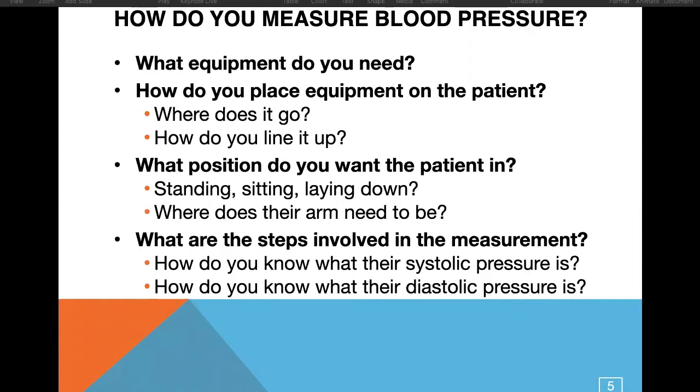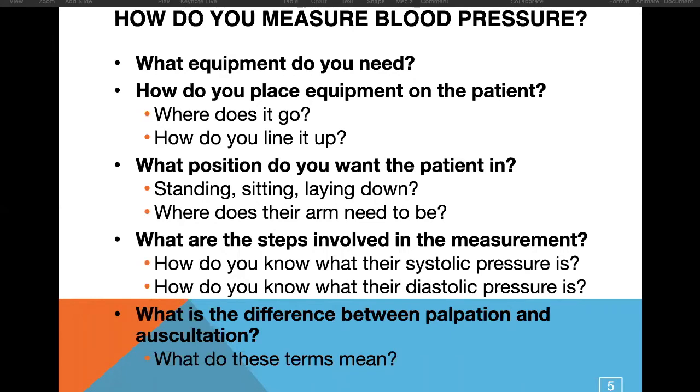And the steps involved in blood pressure measurement. How do we figure out their systolic and their diastolic? How do we obtain those values? What's the difference between palpation and auscultation, a palpated blood pressure versus an auscultated blood pressure? And what are some sources of error? How do we do this and get inaccurate blood pressures?